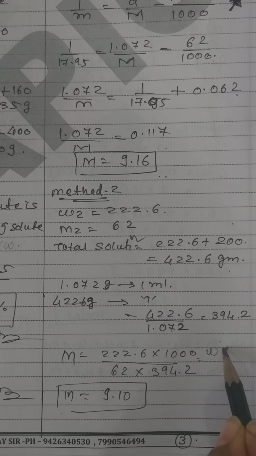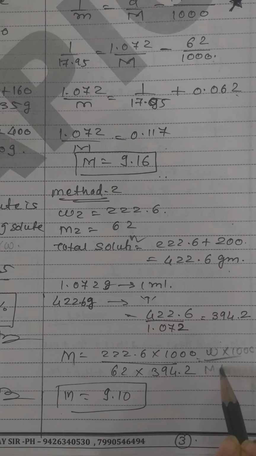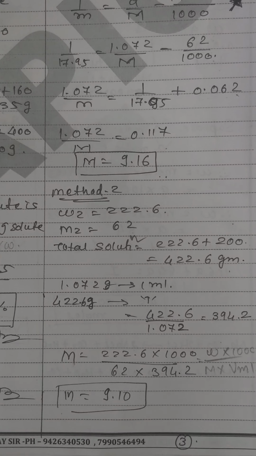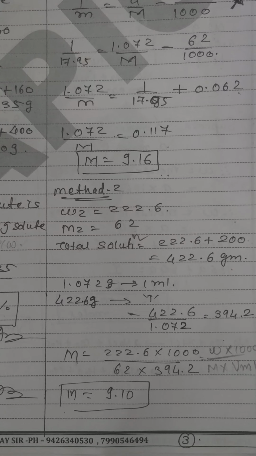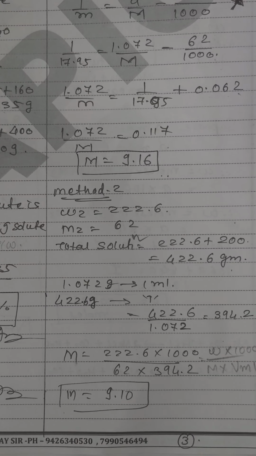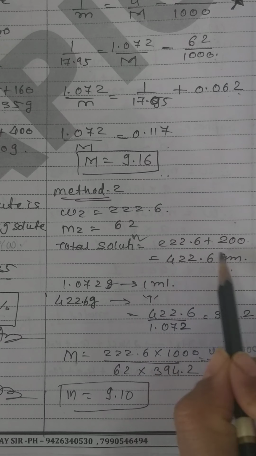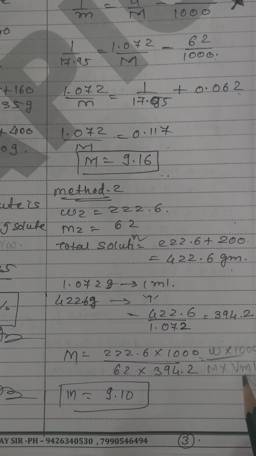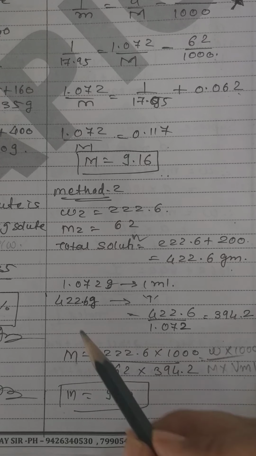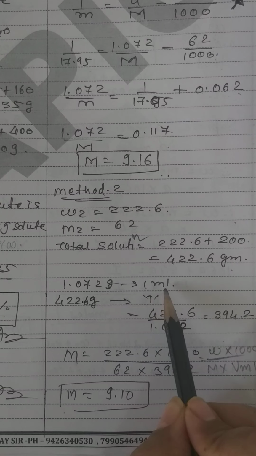Let's write down here, W into 1000 upon molecular mass into V ml of solution. So first of all, how is the density useful? Because total solution we got here in gram, but in our formula we require ml. At that time density is useful.